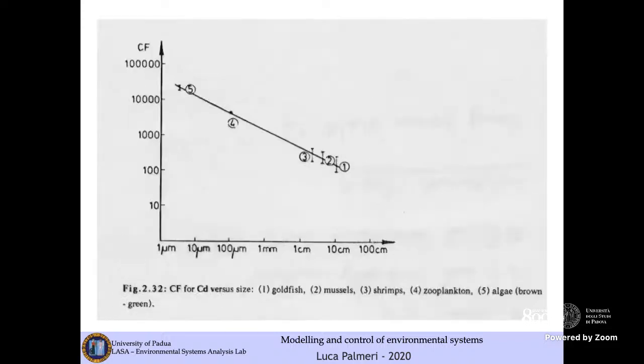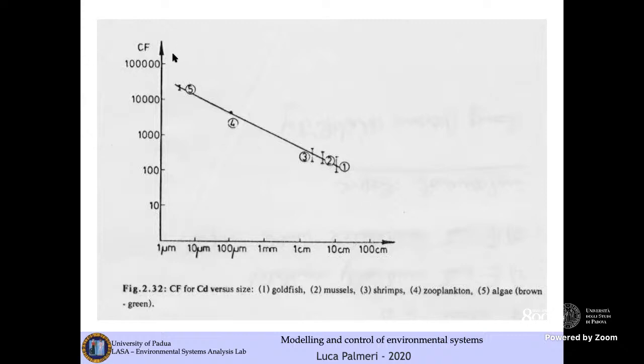We may find several allometric relationships in several fields that are of relevance for the environmental engineer. In particular, here we have the concentration factor for cadmium versus dimension of the animal. Again, you know that concentration factors are the factors appearing in the BCF models, which I'm sure you have seen in ecotoxicology.